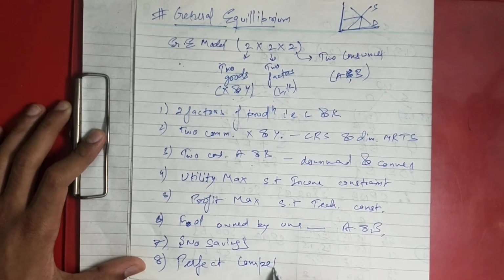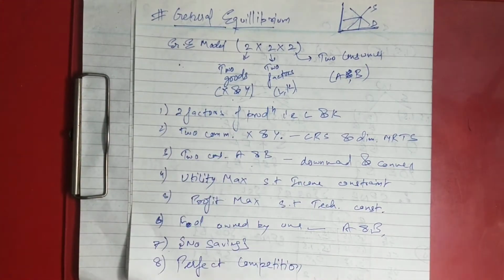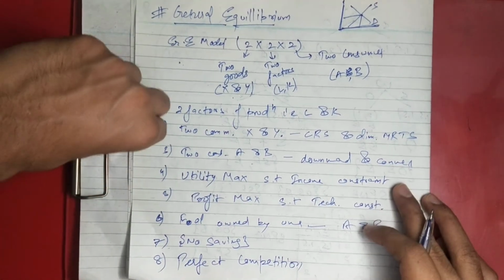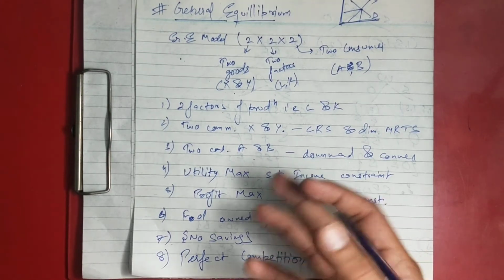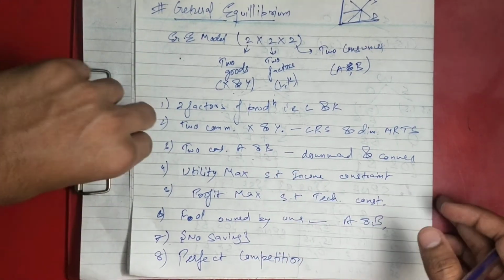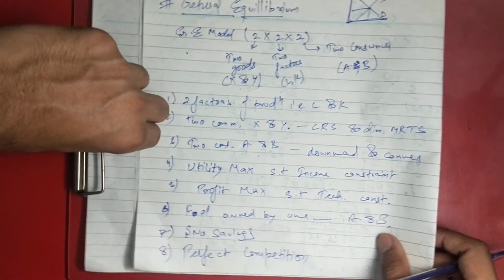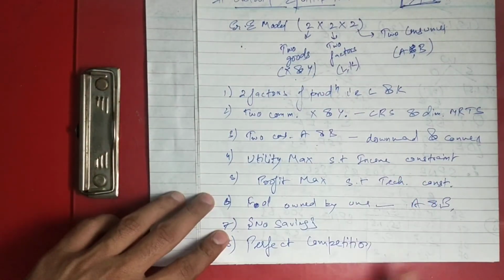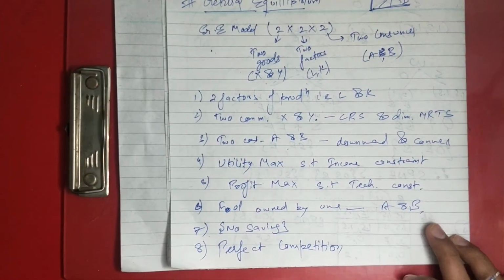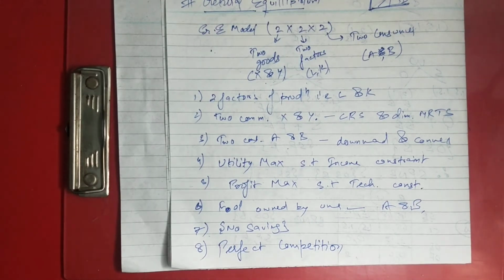I'm just writing in short, but you should read it in full and learn also. Actually, there is nothing to learn in this. It's easy, and it was basic also. You already knew it. Okay, so these were the 8 assumptions which we will follow while doing this model.